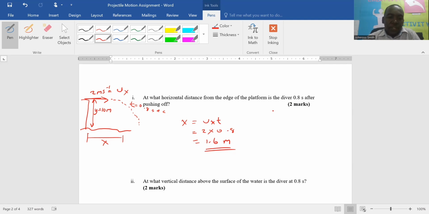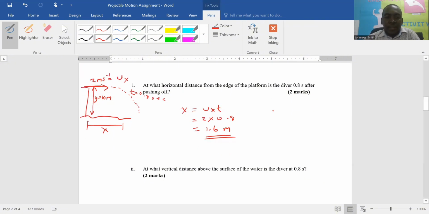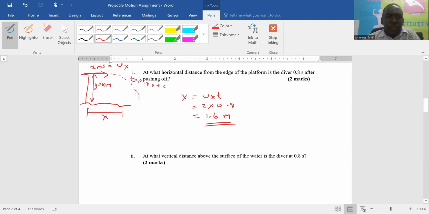Now, what is the vertical distance above the surface of the water if the diver is at 0.8 seconds? So now we want to know, if this is 0.8 seconds, what is this height from the water? All right. Now, what we can do is use the same formula we just used for the previous question.